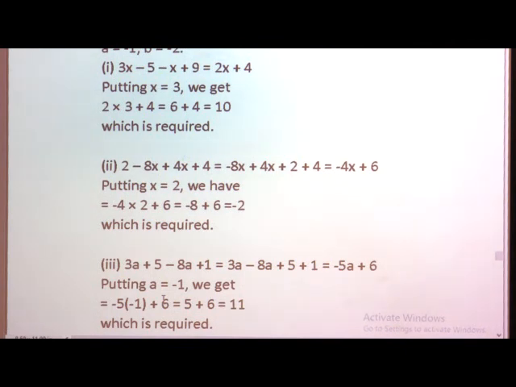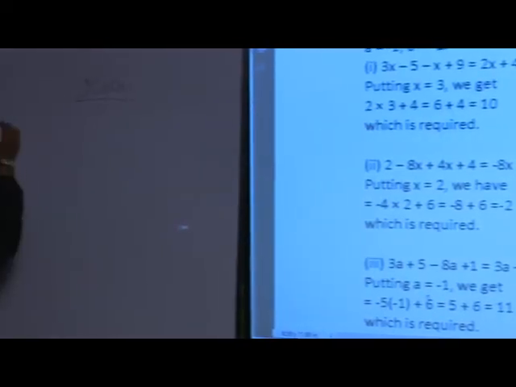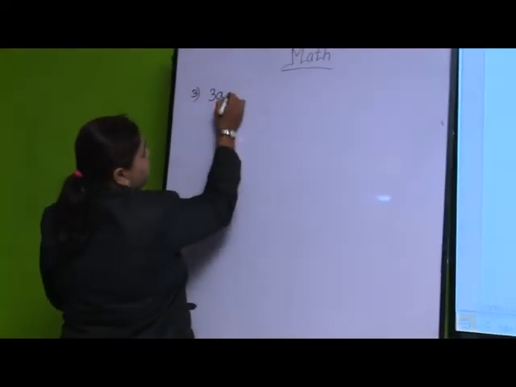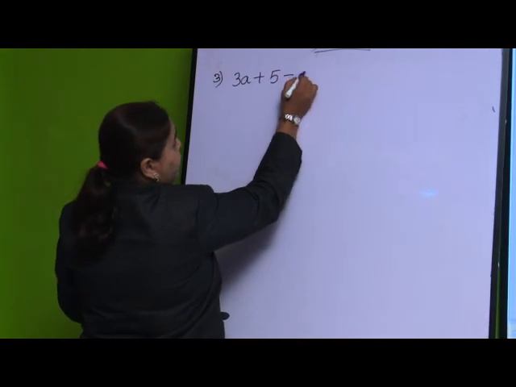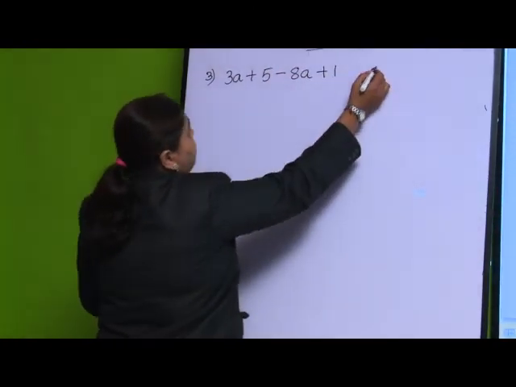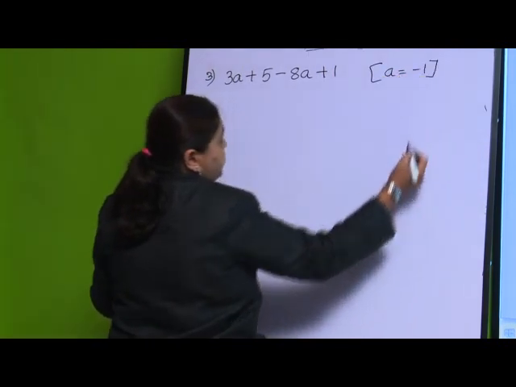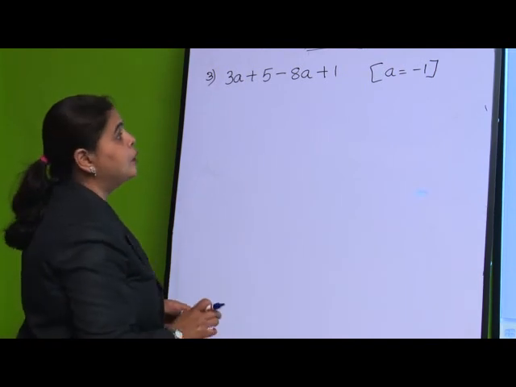The expression we will write is 3a plus 5 minus 8a plus 1, where a is given to us as minus 1. It is already given in the question.